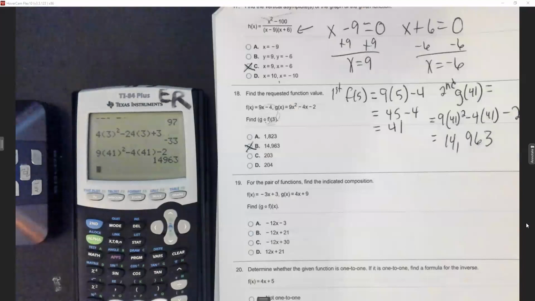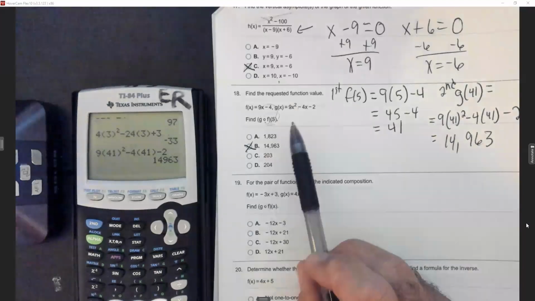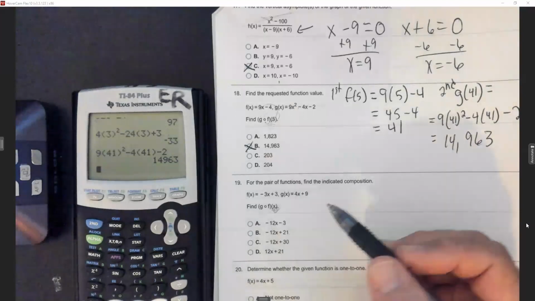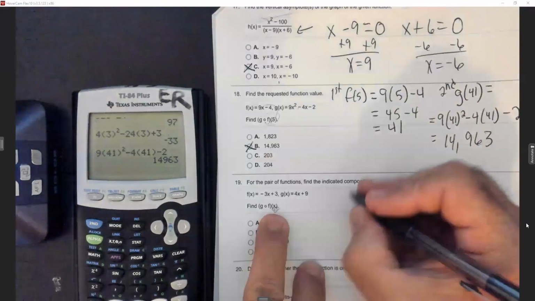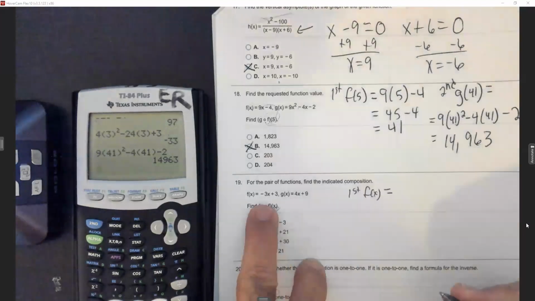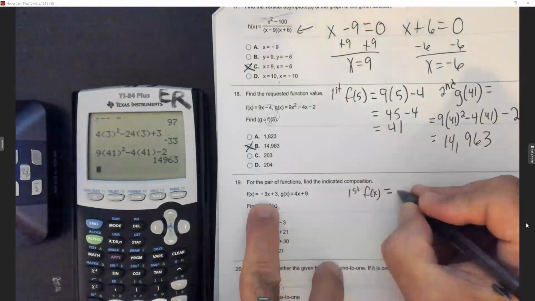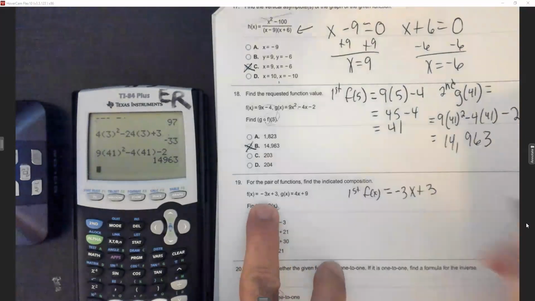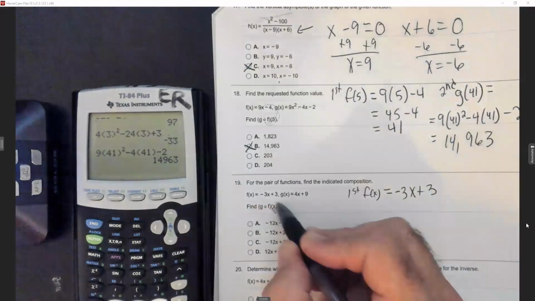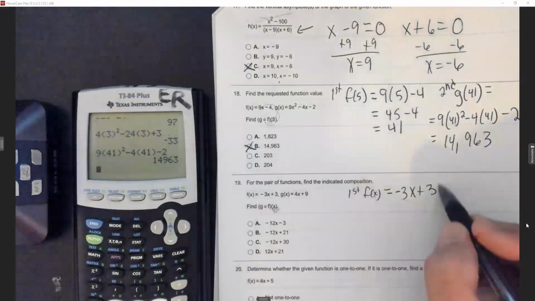Now, this problem is basically the same as that one, except they didn't give me a number for it. So what you would do on this one first is f of x. Well, guess what? They gave me f of x. That's negative 3x plus 3. Since we can't do anything with the f of x, this whole thing now goes into the g.